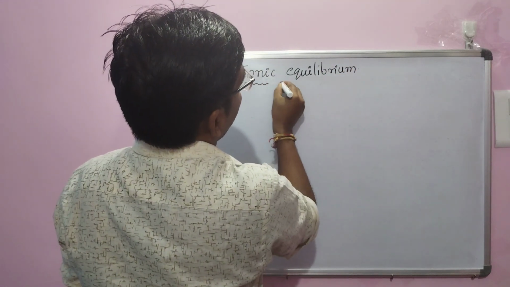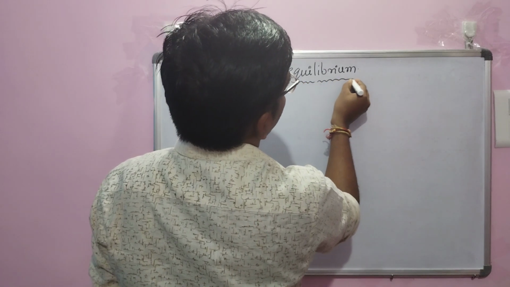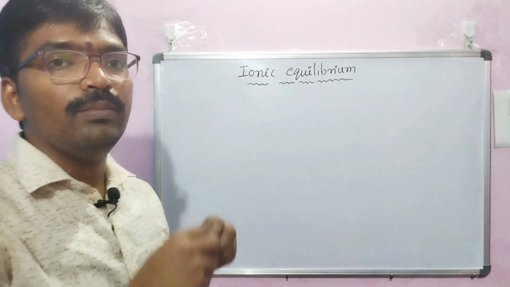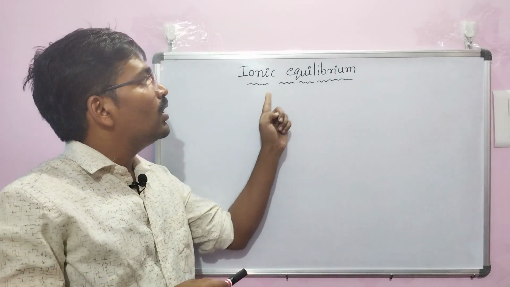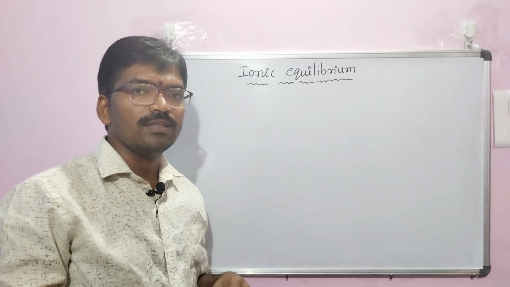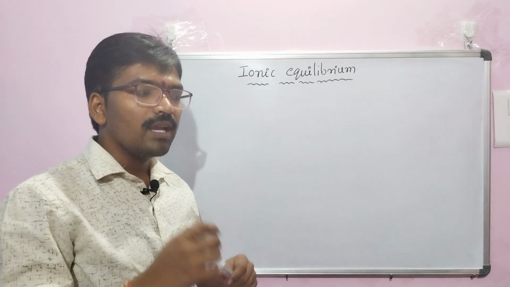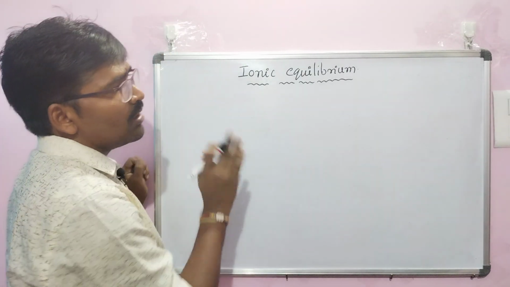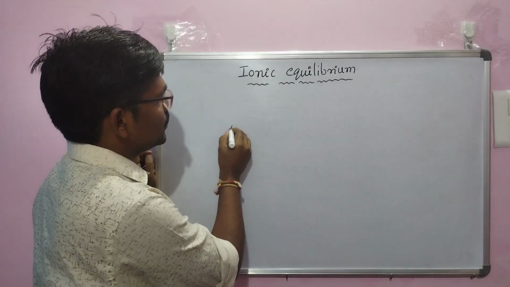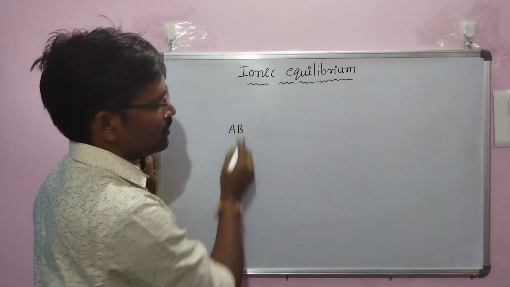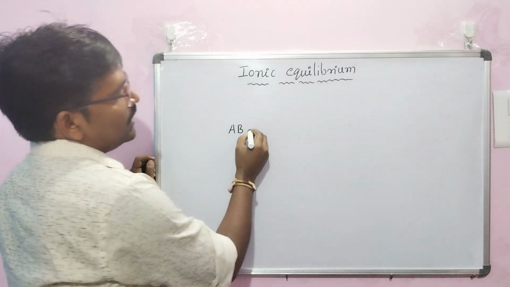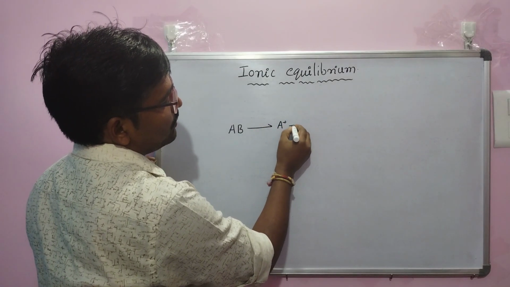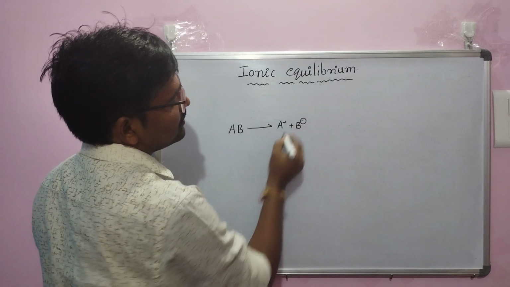Sir, what is the ionic equilibrium? Before going into the discussion, let's see what it is. Take a compound, just assume it is AB. It is dissociated into A plus and B minus.